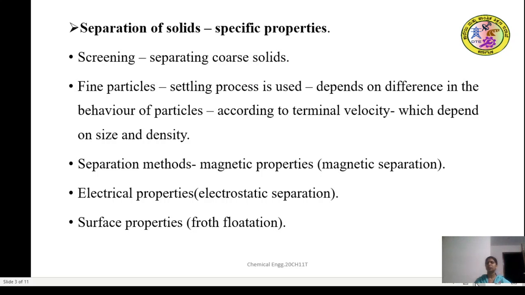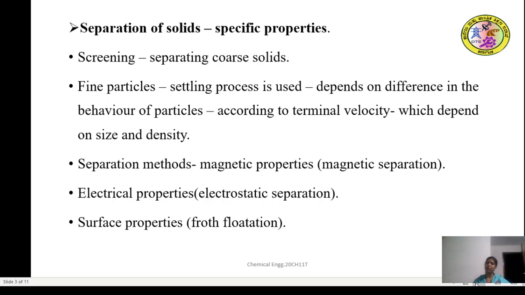Screening is used for separating coarse solids. Fine particles can be separated when the settling process is used, which mainly depends upon the difference in the behavior of the particles. The behavior of the particles may depend upon the density or the size of the particle, or upon the velocity of the particle, which we call the terminal velocity.